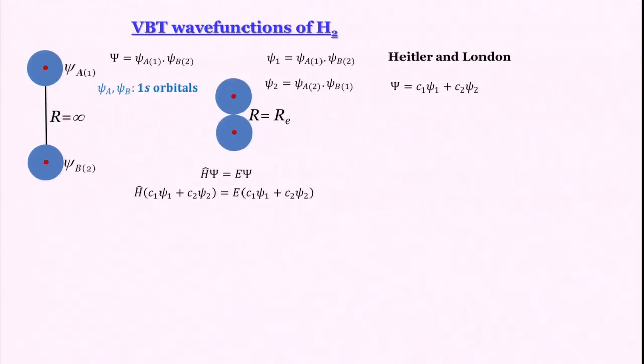We had reached the Heitler and London wave function, where Heitler and London took a linear combination of psi 1 and psi 2.